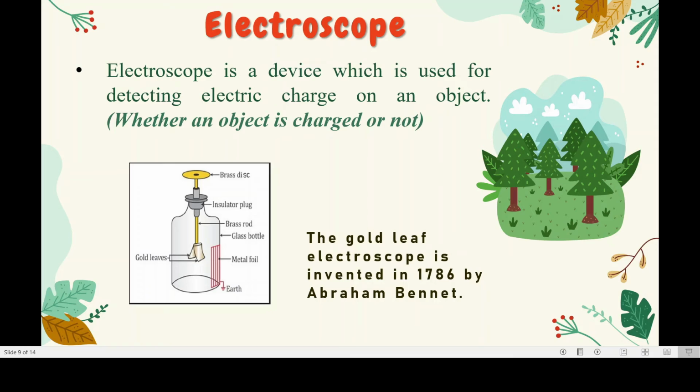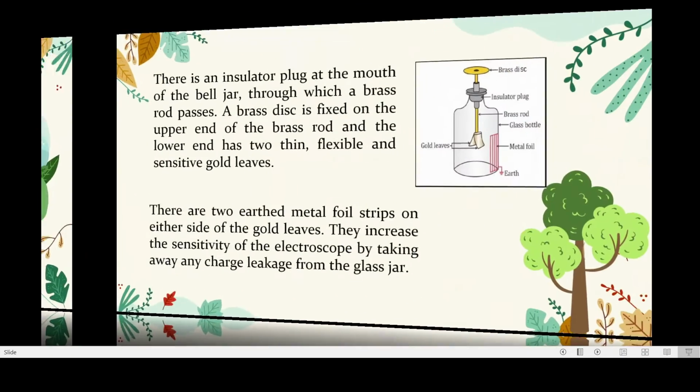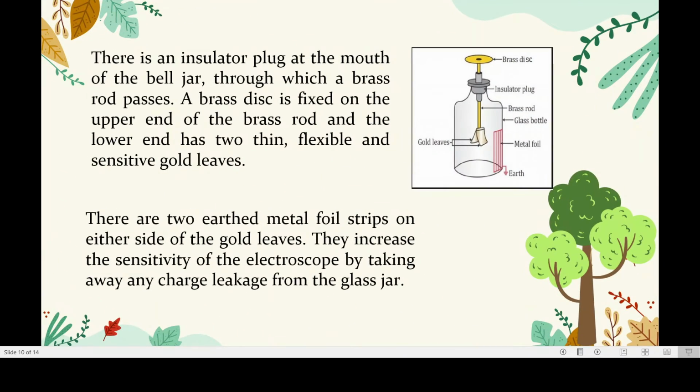An electroscope is a device used for detecting the electric charge on an object, that is, whether an object is charged or not. This gold leaf electroscope was invented in 1786 by Abraham Bennett.